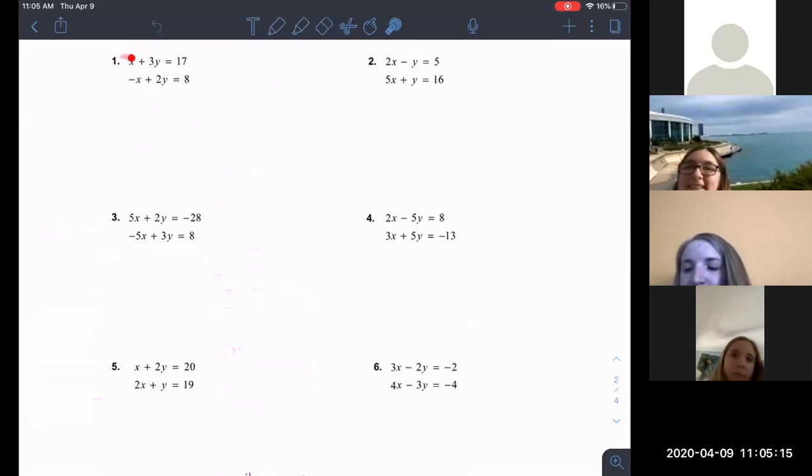In number 1, we have opposite coefficients, the x's. The y coefficients are not opposites, but you don't need both to be. We just need one pair of like terms to have opposite coefficients. In number 2, the y's are opposites, -1 and +1. In number 3, the x's are opposites, -5 and +5. In number 4, the y's are opposites, -5 and +5.